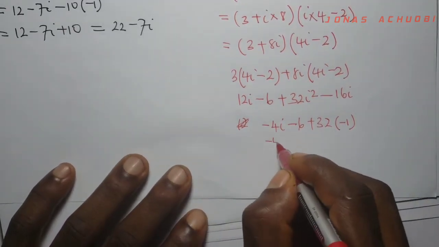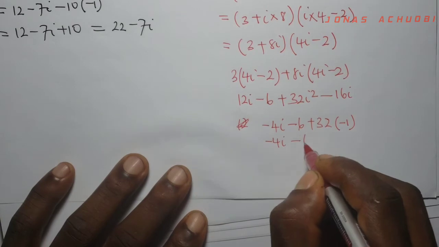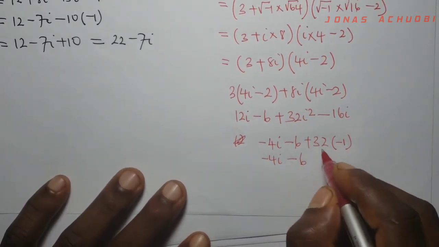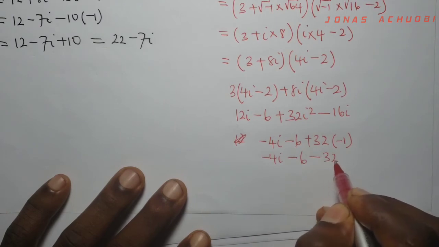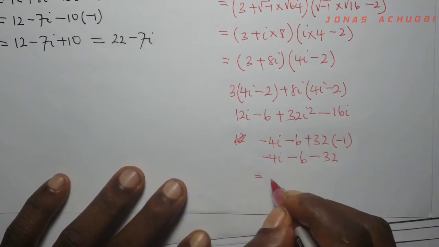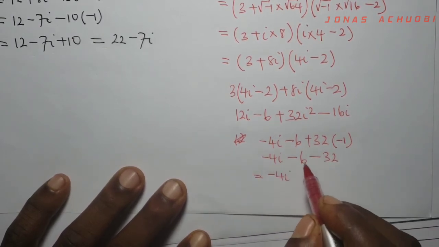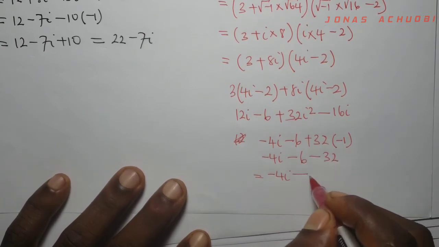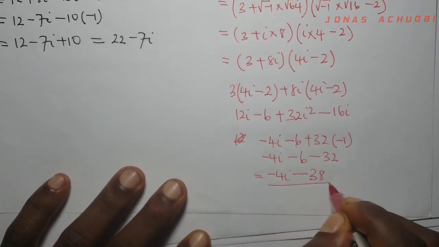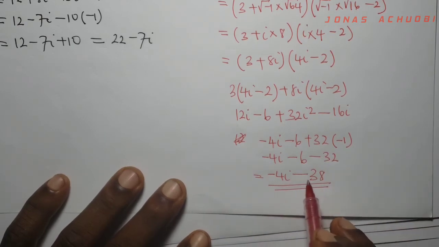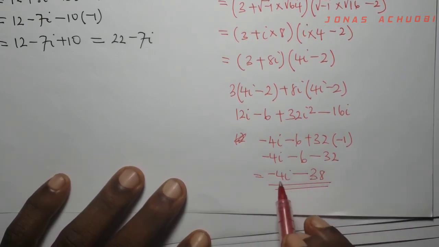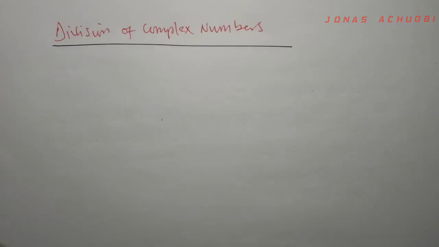So that becomes minus 4i minus 6 minus 32. So plus 32 times minus 1 becomes minus what? 32. So this becomes negative 4i minus 6 minus 32, which is minus what? 38. And that is it. So that's the answer. So the real part here is minus 38 and the imaginary part here is minus 4.